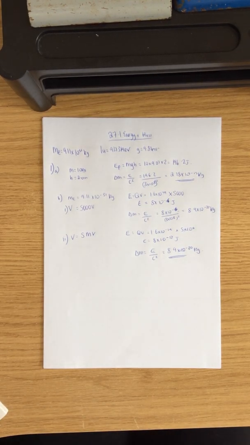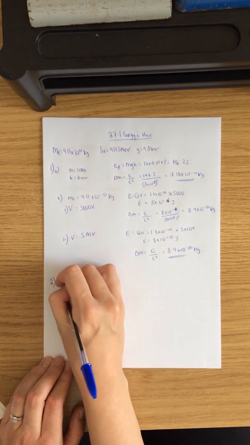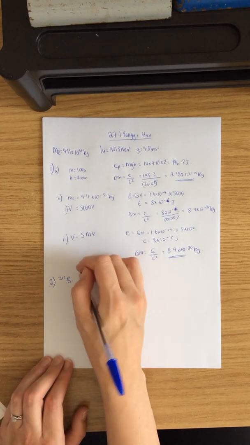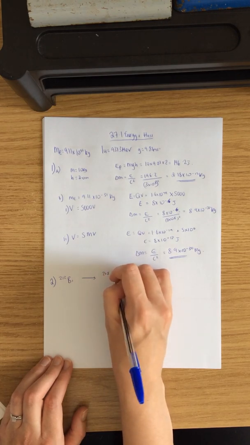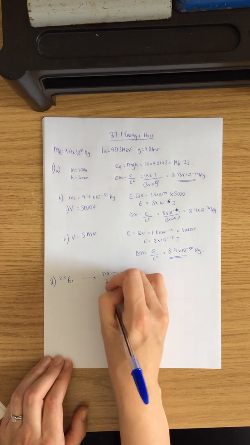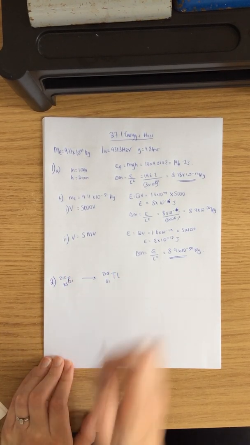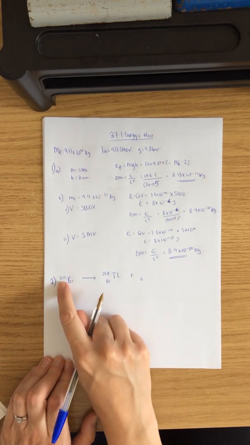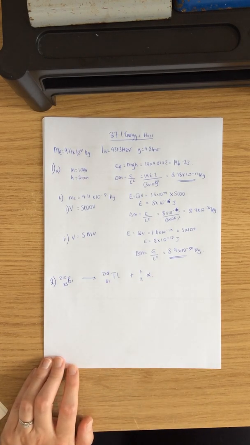Right, part 2. You have bismuth 212 emitting alpha particles, and it decays to form thallium 208. It says write down an equation for this process. So I've written that, and then 83 minus 81 is 2, and 212 minus 208 is 4, so it emits 1 alpha. Then it wants the energy released.